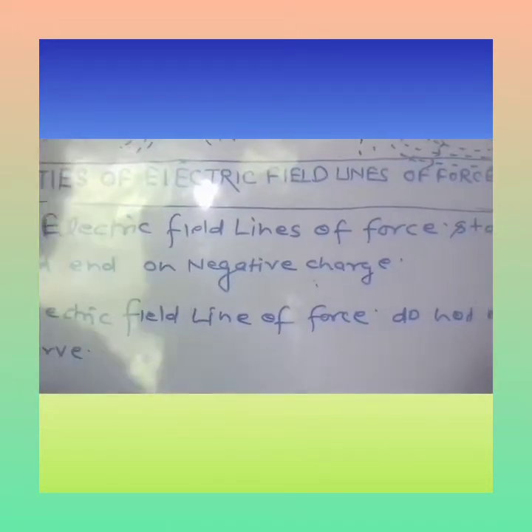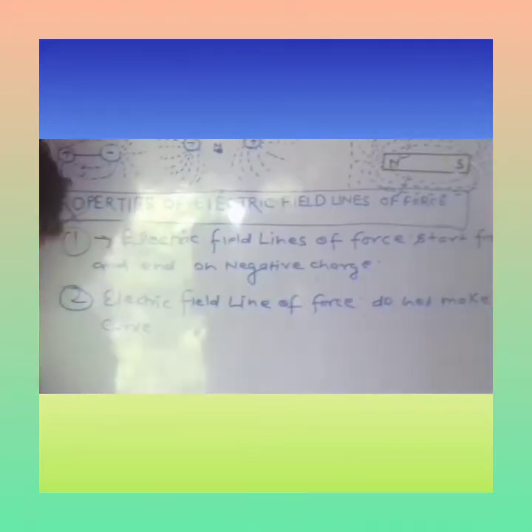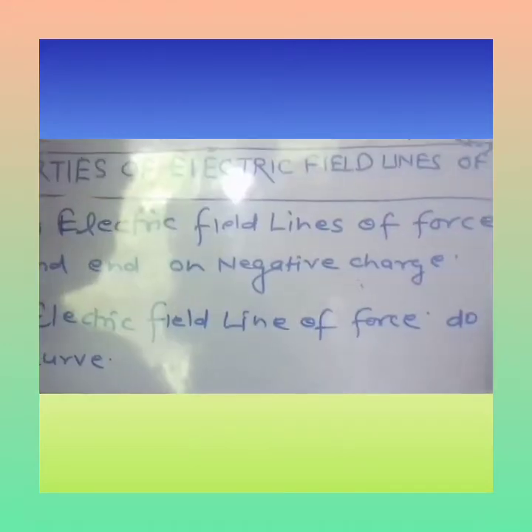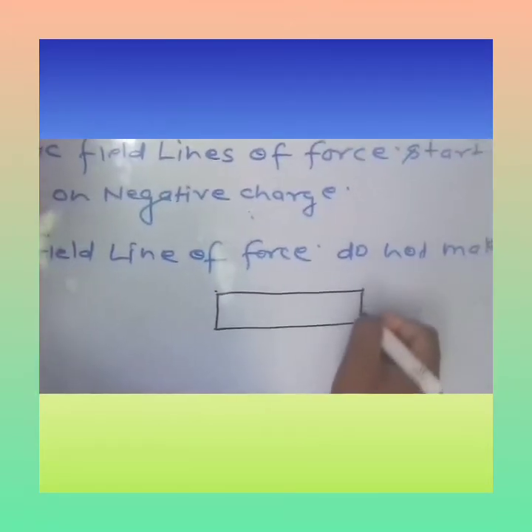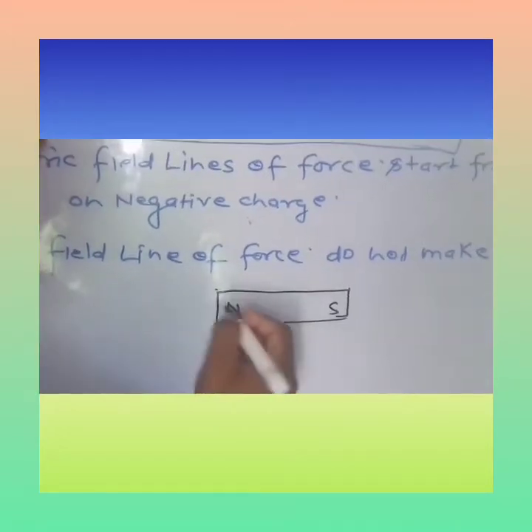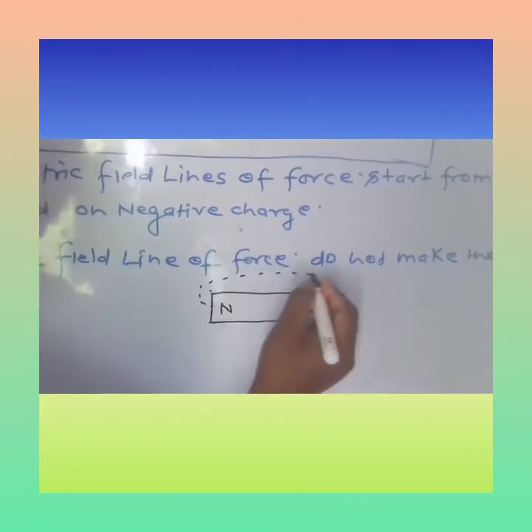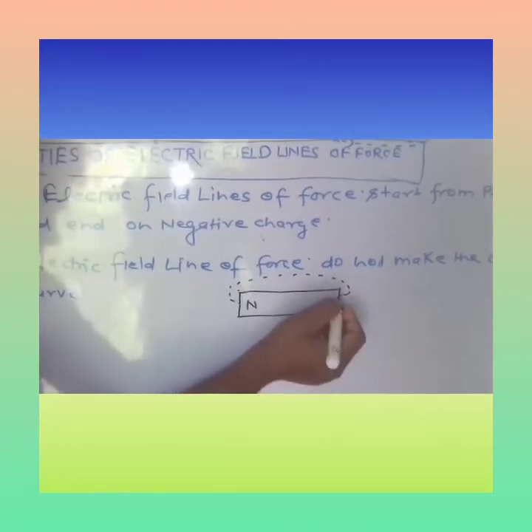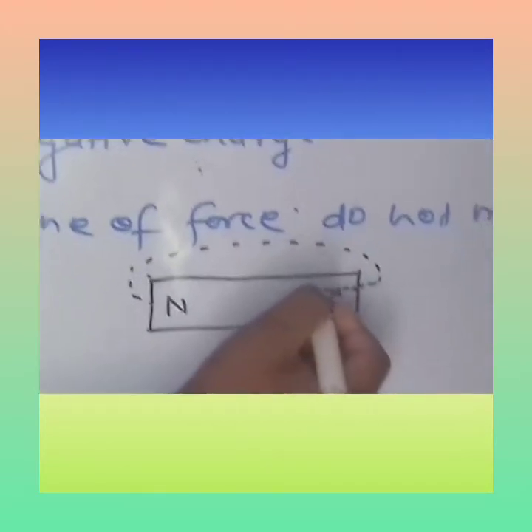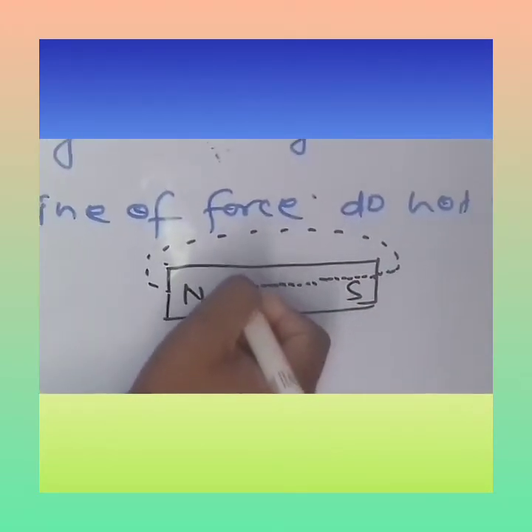My dear students, look here. Here I want to tell you about the magnetic field lines. Magnetic field lines originate from the north pole and go toward the south pole, and inside the magnet the magnetic field lines of force move from the south pole toward the north pole.